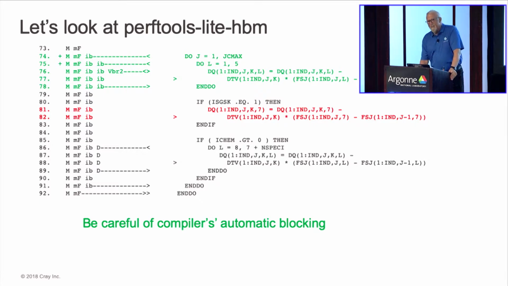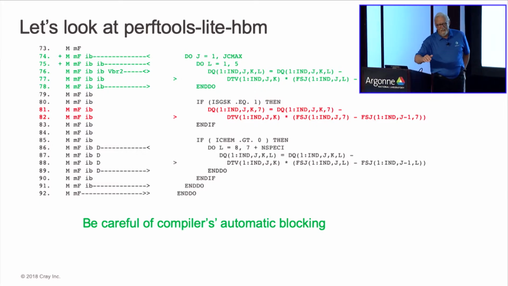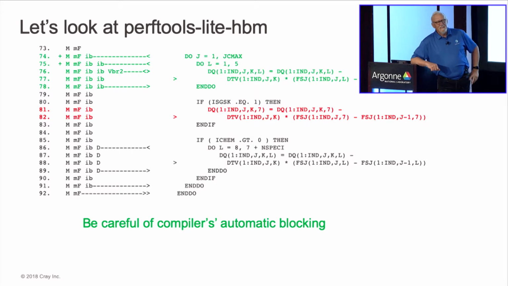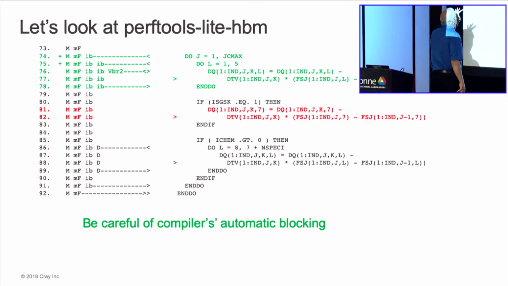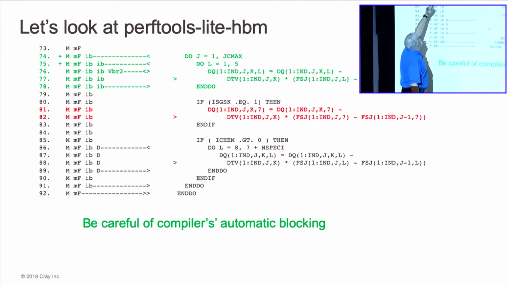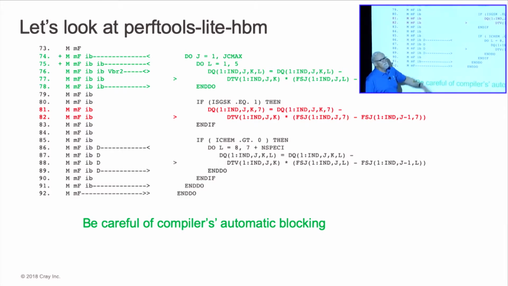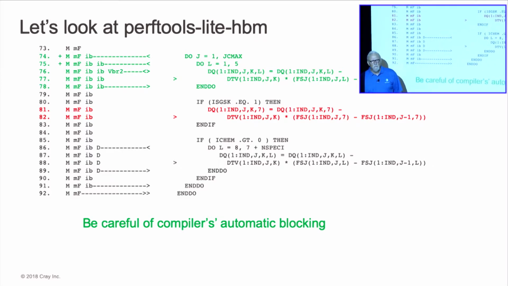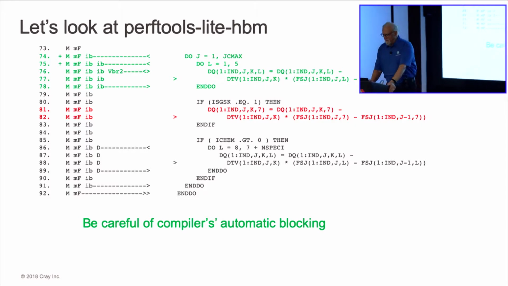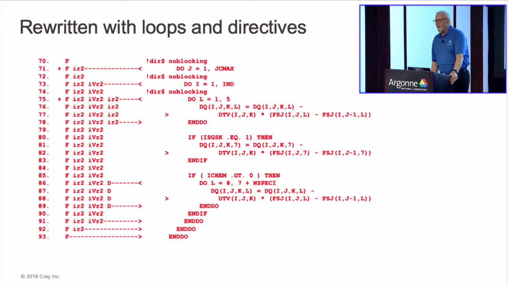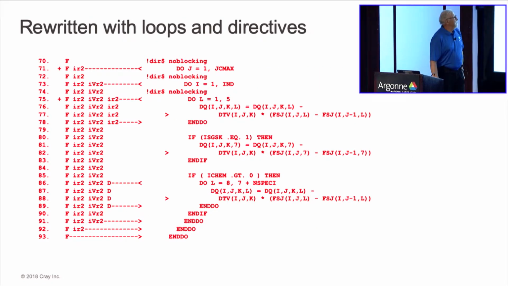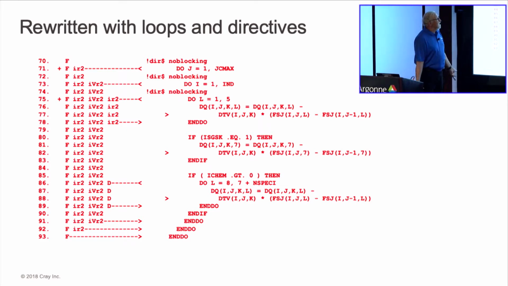All right. Another thing, the Cray compiler tries to be too smart, and it screws up. If you ever see on one of these listings that the Cray compiler is blocking a loop, tell it not to block. I haven't even found an example where their blocking runs faster than this.